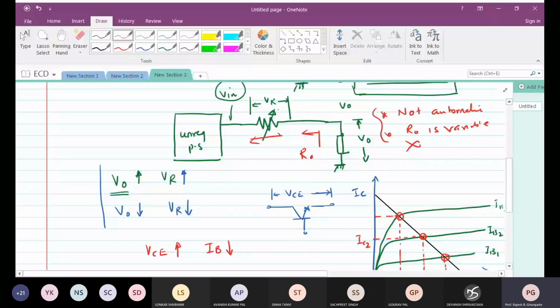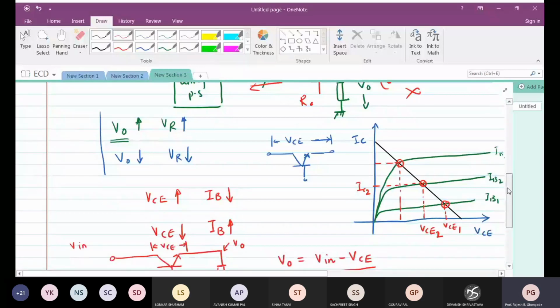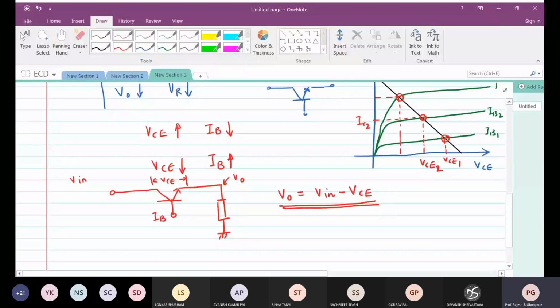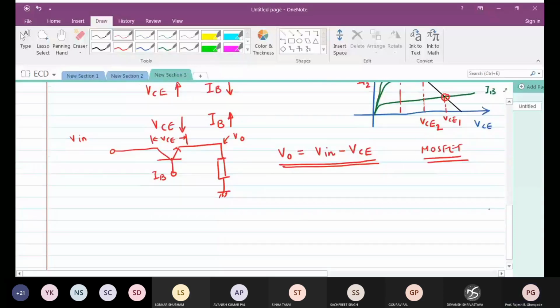So I cannot use a resistor and then do it manually like this. That is the reason why I have to make use of an active device, namely the bipolar junction transistor. Or in fact, you can make use of a MOSFET also. But our design or discussion will be restricted to bipolar junction devices.